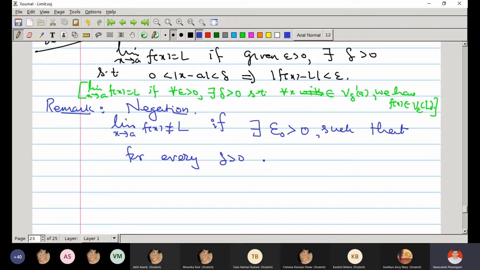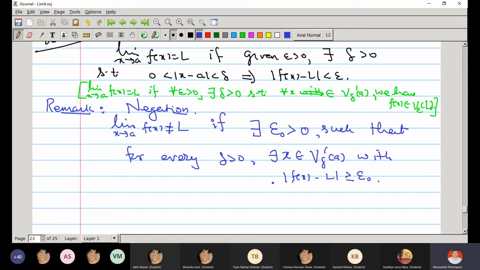For every delta, whatever delta you select, the condition fails. The condition fails means there exists x in the deleted neighborhood of a with |f(x) - L| greater than or equal to epsilon naught. Correct?